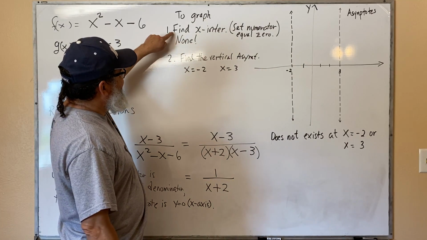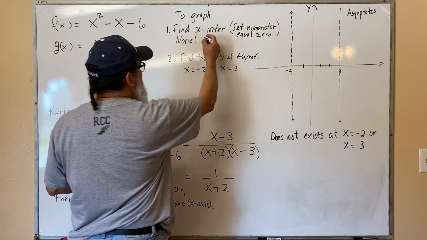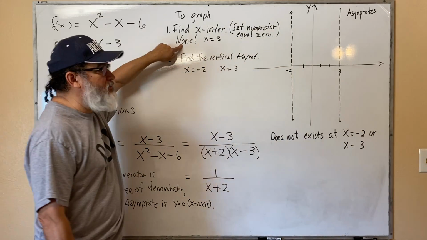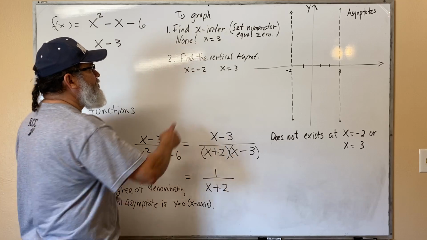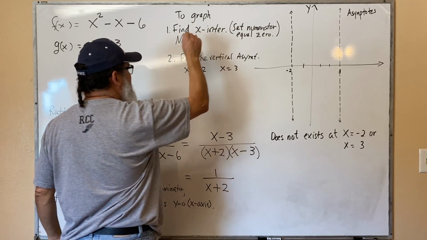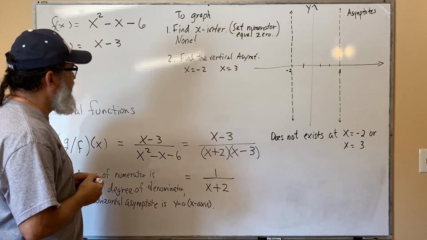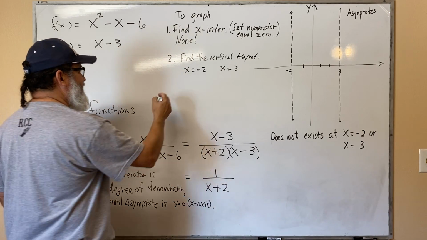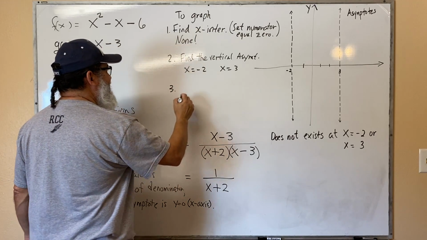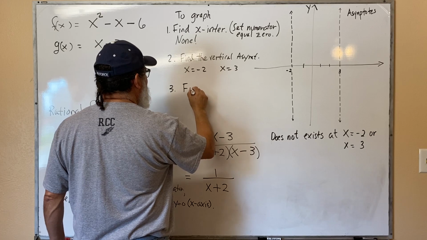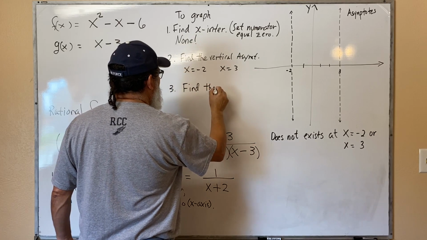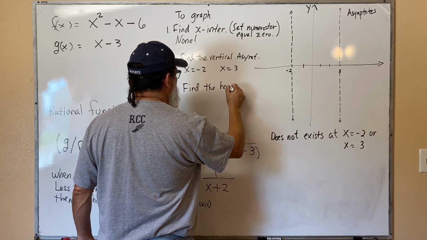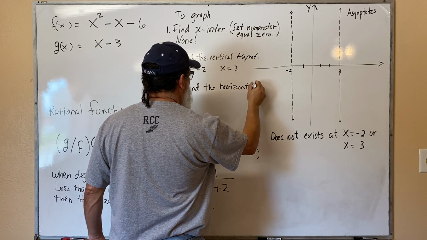Note, the x-intercept is also x equals 3. Therefore, none. Okay? None. For this problem, there's none. 3. Find the horizontal asymptote.